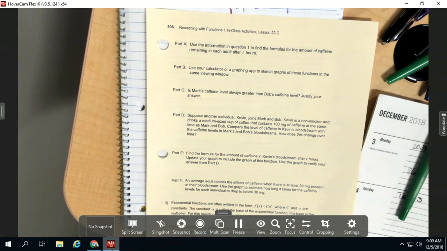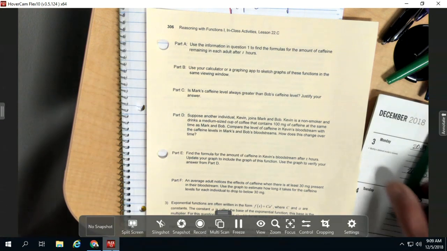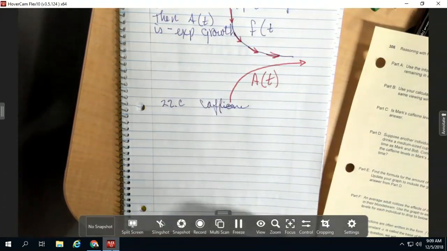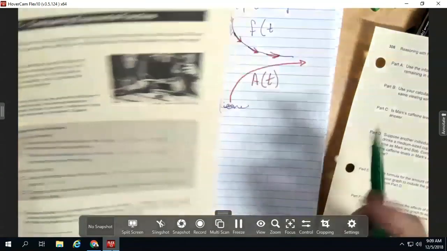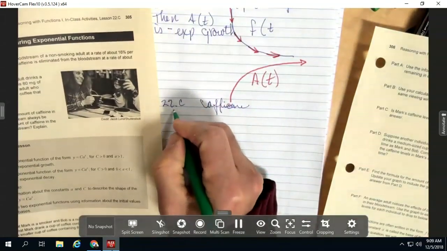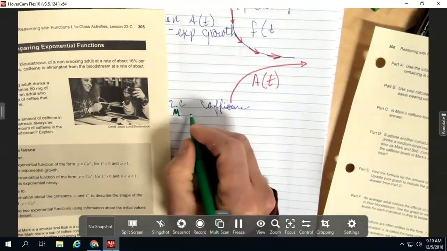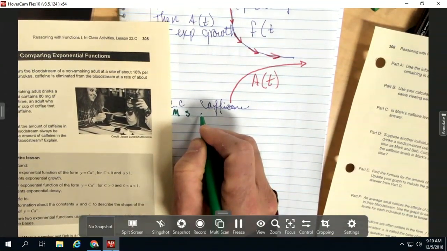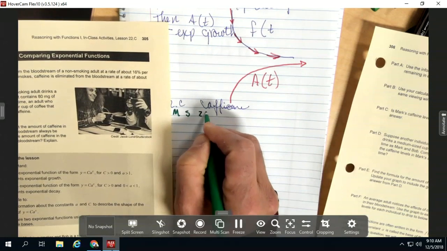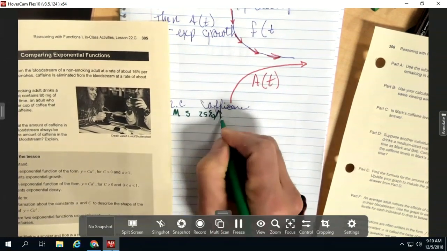Okay, I will get you started, but that's all I'm going to do. You have to work with your buddies in the class to complete this formula. Okay, we've got Mark, smoker, and smokers, if you recall, 25% per hour.